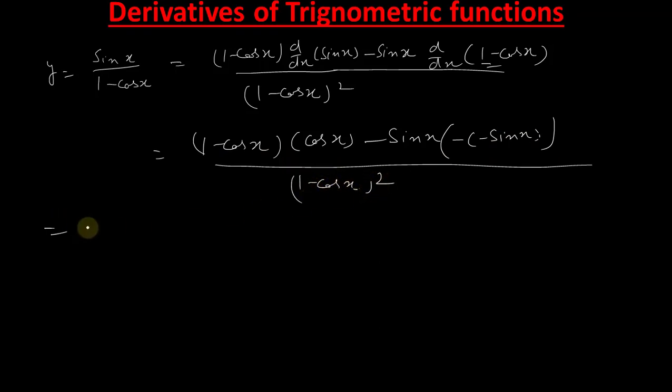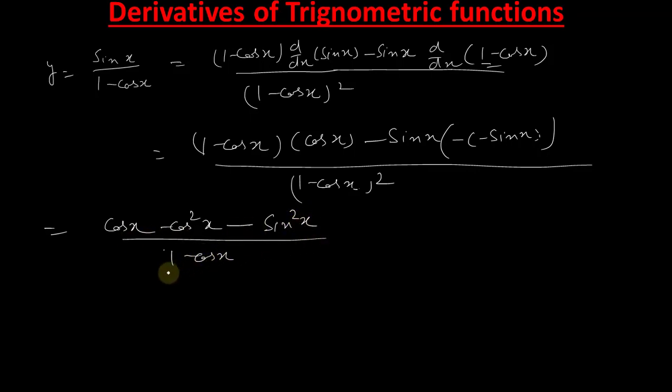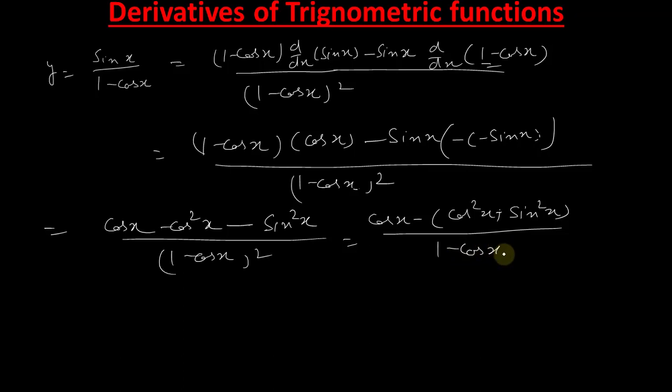So it is cos x, if we multiply this with this, minus cos square x. So minus minus is positive, minus sin square x, divided by (1 minus cos x) square. So it is, taking negative common, cos x minus (cos square x plus sin square x), divided by (1 minus cos x) square.